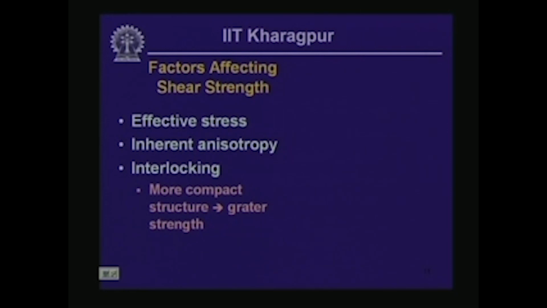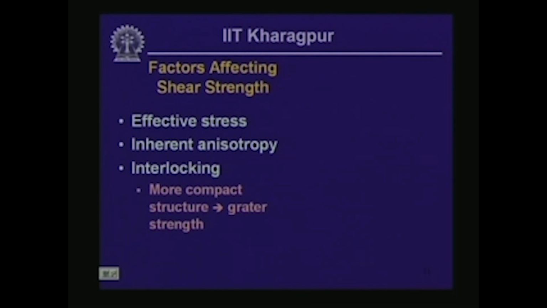Then, factors affecting shear strength. What are the factors that affect shear strength parameters? Number one is effective stress. Higher the effective stress, as we have noted, the shear stress that the assembly can support is also going to increase.